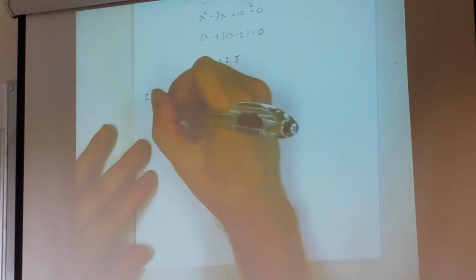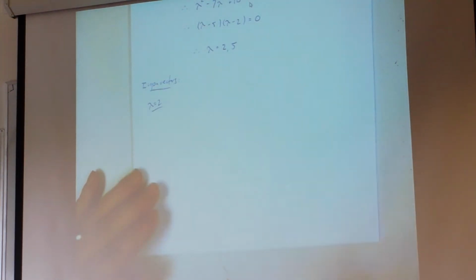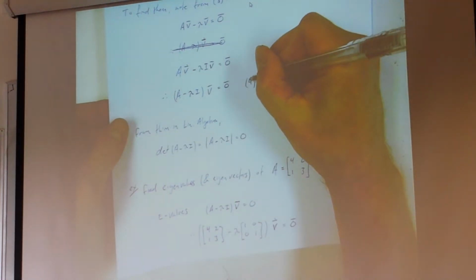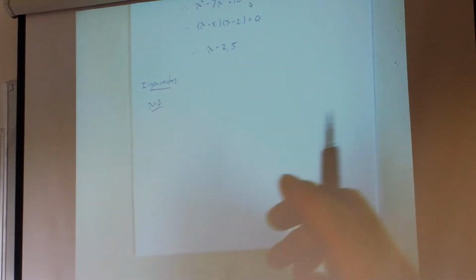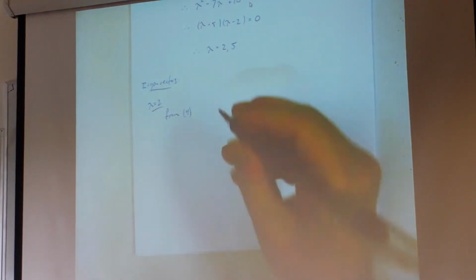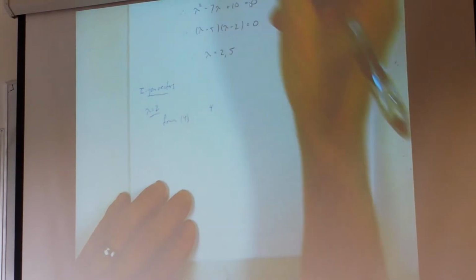So for lambda equaling 2, following equation 4, we get the original, 4 minus lambda.